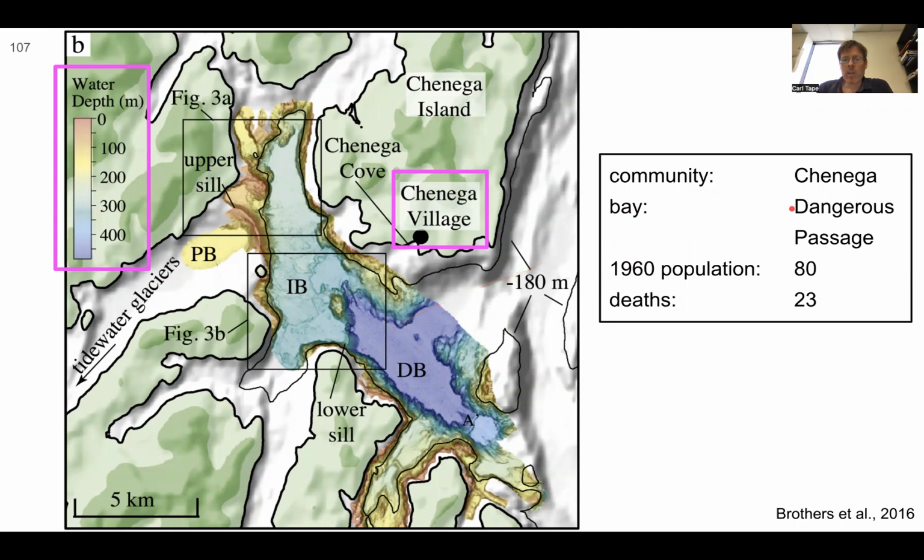The bay is known as Dangerous Passage. The 1960 population was about 80, and 23 deaths. Almost a third of the population, just devastating, during the 1964 earthquake. And so this is where the Chenega Village community and Chenega Cove, this little notch right here.